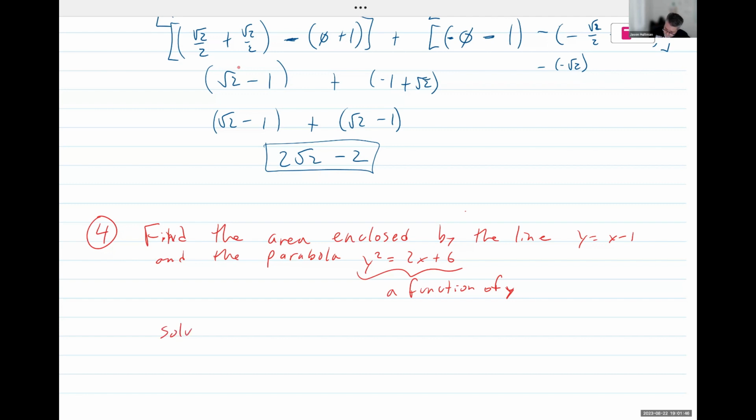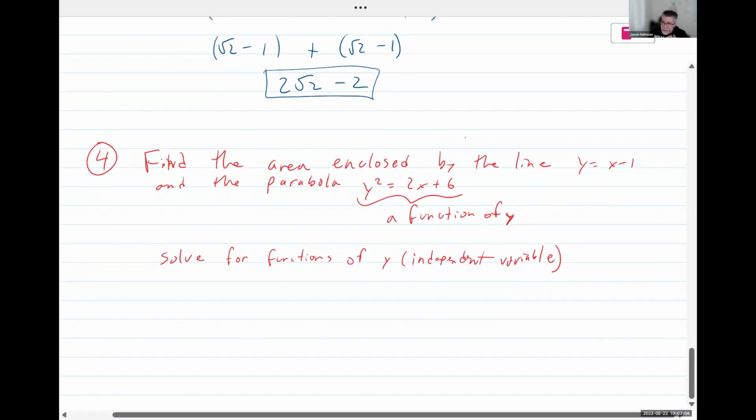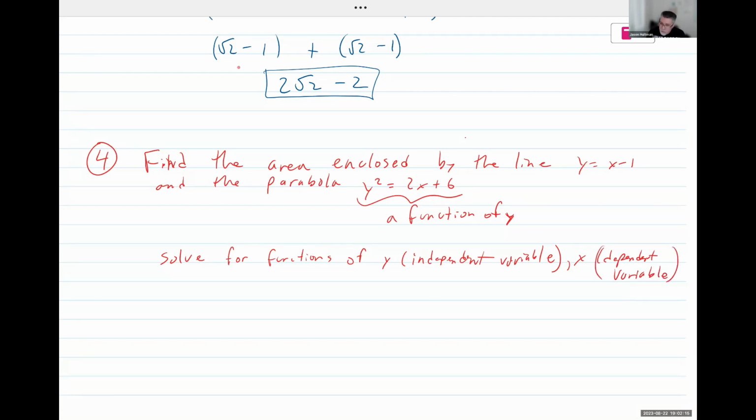So solve for functions of y, where that's the independent variable, and x is the dependent variable.